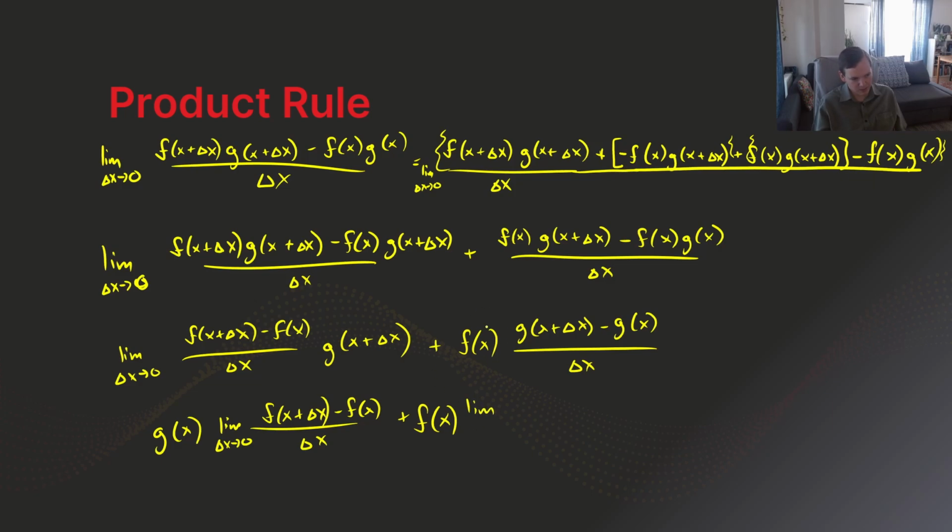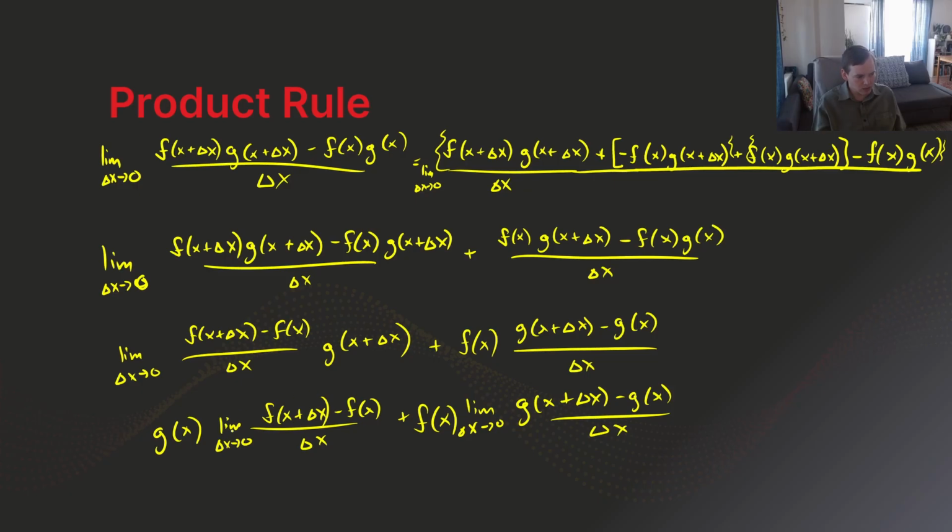Similarly here, I'll apply the limit to f of x, but because there's no delta x in it, I get the same thing. As delta x approaches 0 of g of x plus delta x minus g of x over delta x.